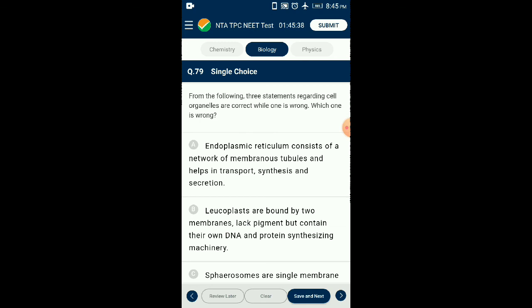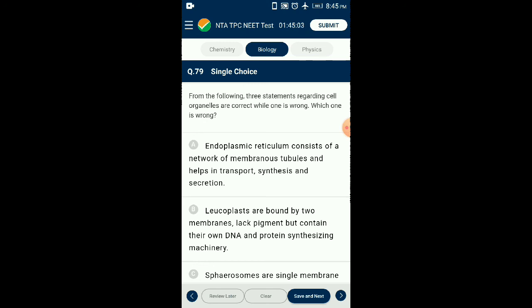Question number 79. Of the following statements regarding cell organelles, three are correct while one is wrong. Which one is wrong? See the first statement: Endoplasmic reticulum consists of a network of membranous tubules and helps in transport, synthesis and secretion. So that is correctly given. B. Leucoplasts are bound by two membranes, due to the absence of pigment, but contain their own DNA and protein synthesizing machinery.